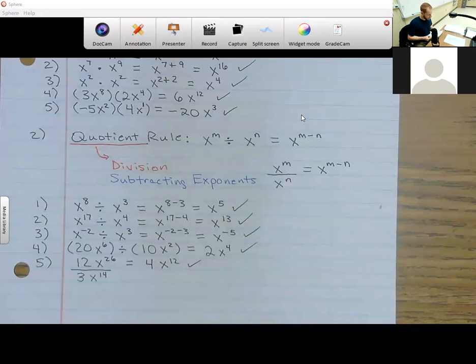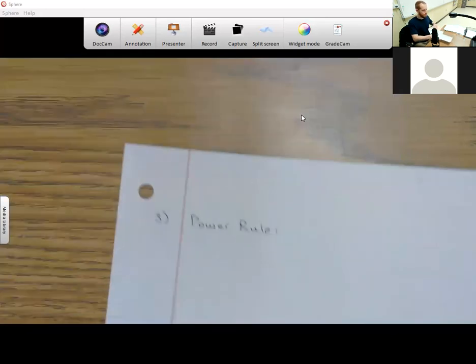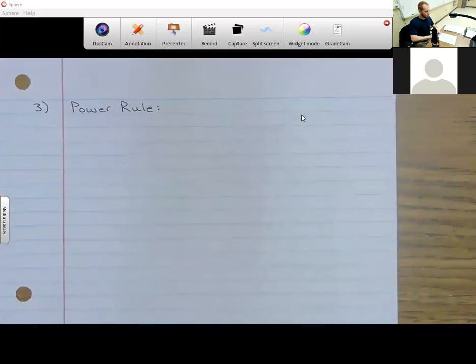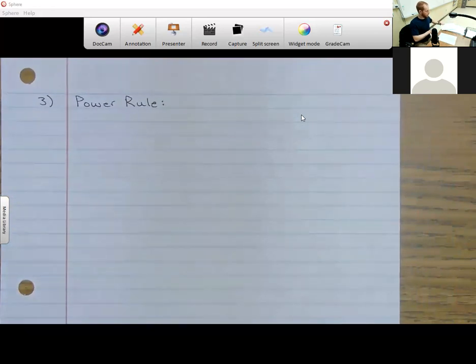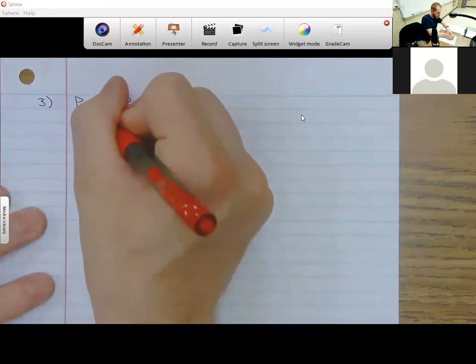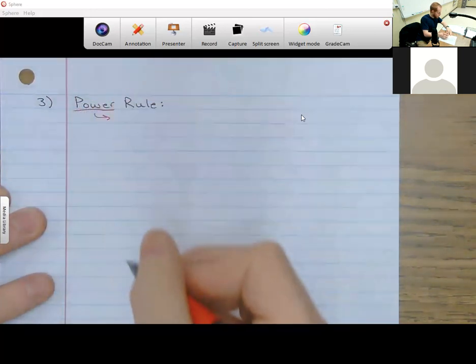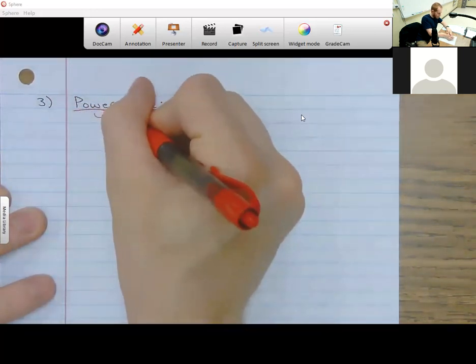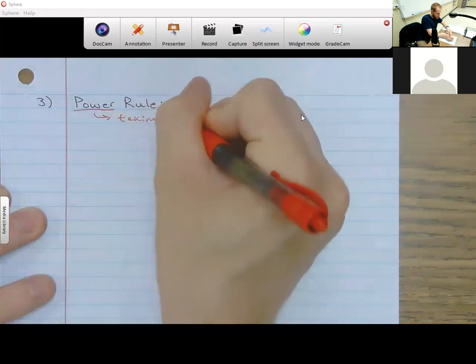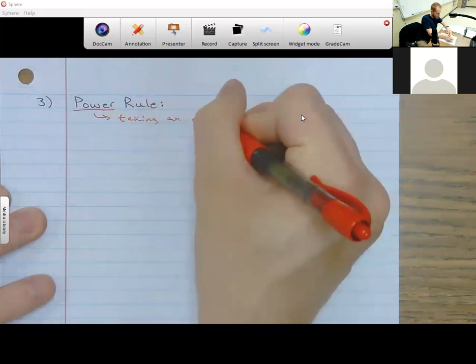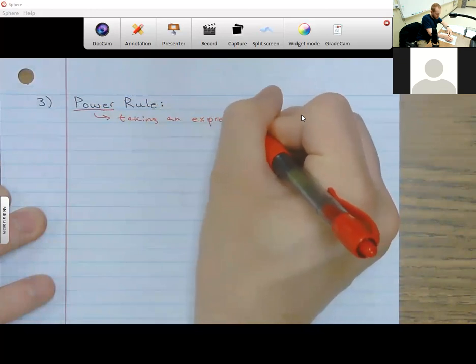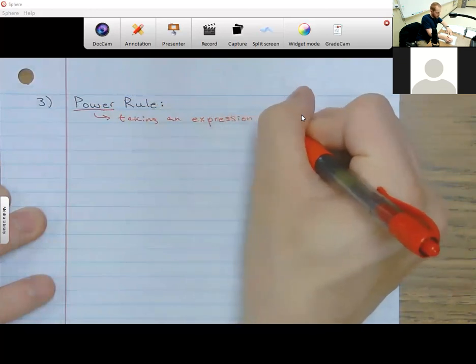All right, let's look at the power rule, number 3. So the power rule, it all hinges on the word power, right? When I say power, that really means that I'm taking something to an exponent, or taking something to a power. So I'm going to underline the word power, and underneath that, we're going to write taking an expression, an algebraic expression, to a power.